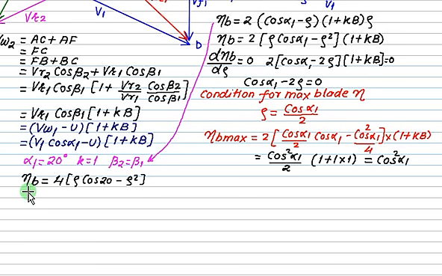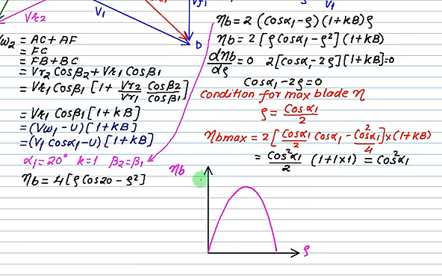So the blade efficiency is proportional to minus rho square, and minus rho square is a downward parabola. Is it correct? The above equation represents a downward parabola.